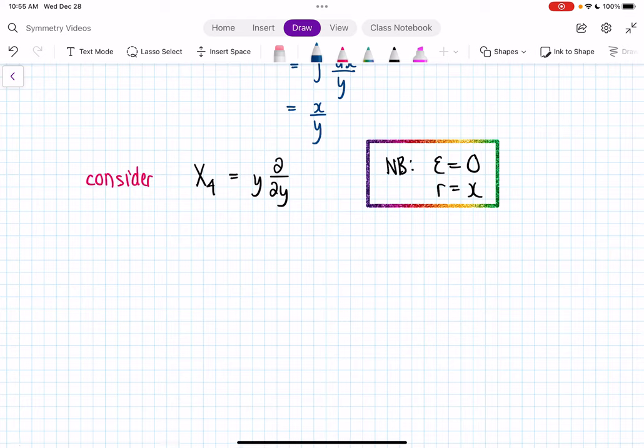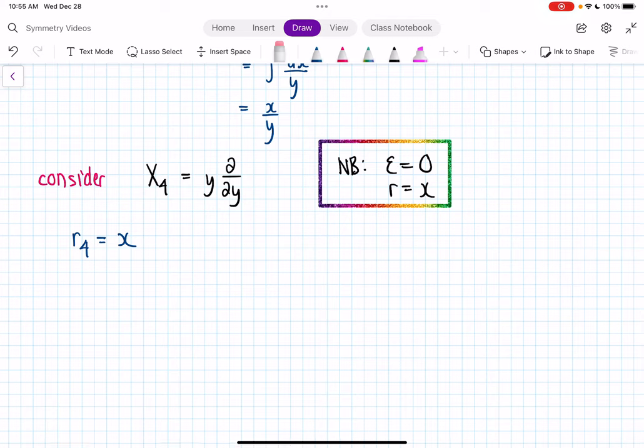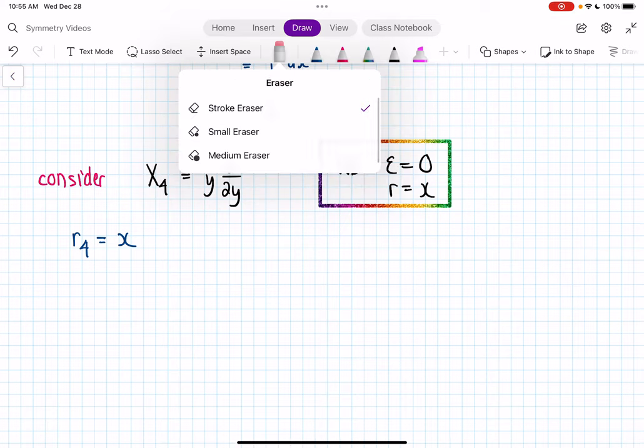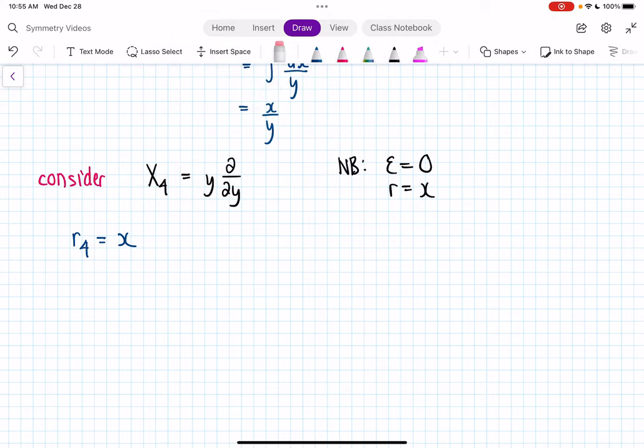So clearly we already have our R sub 4 then, and all we need to do now is find S. And S, in this case, is going to be found like this.